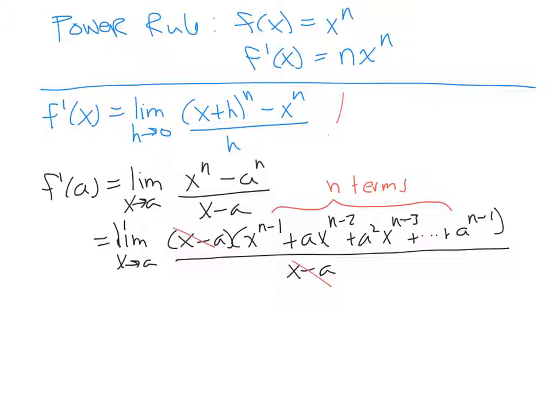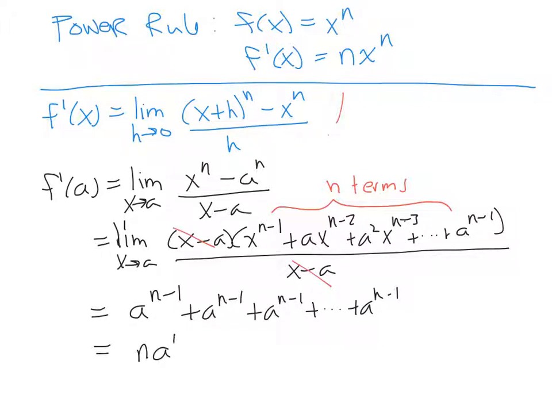So when we take that limit, what we have is a to the n minus 1 plus a to the n minus 1 plus a to the n minus 1, and we do that n times. So that's n times a to the n minus 1.